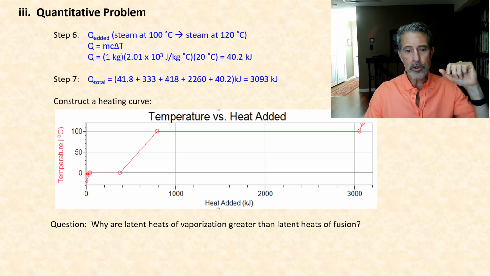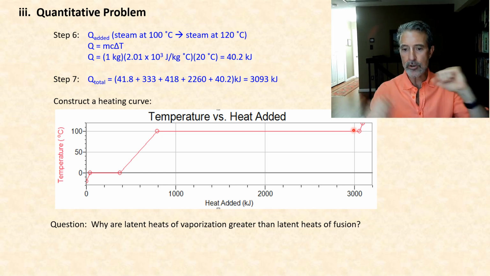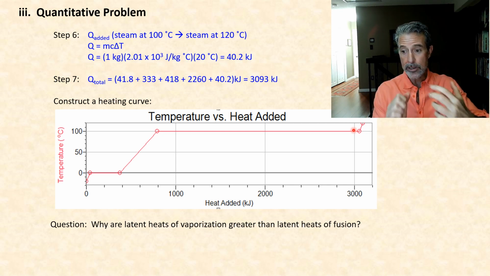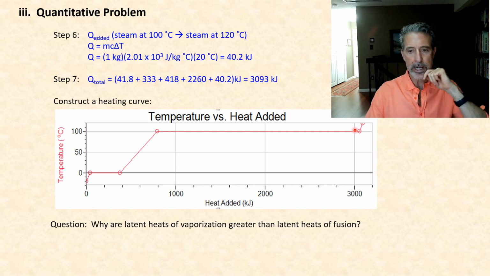And then we have these two characteristic flat portions of the graph corresponding to the phase changes, where the heat added doesn't go into increasing the kinetic energy of the particles, but rather goes into increasing the potential energy of the particles, in this case to move them further apart, to bring about the phase change.